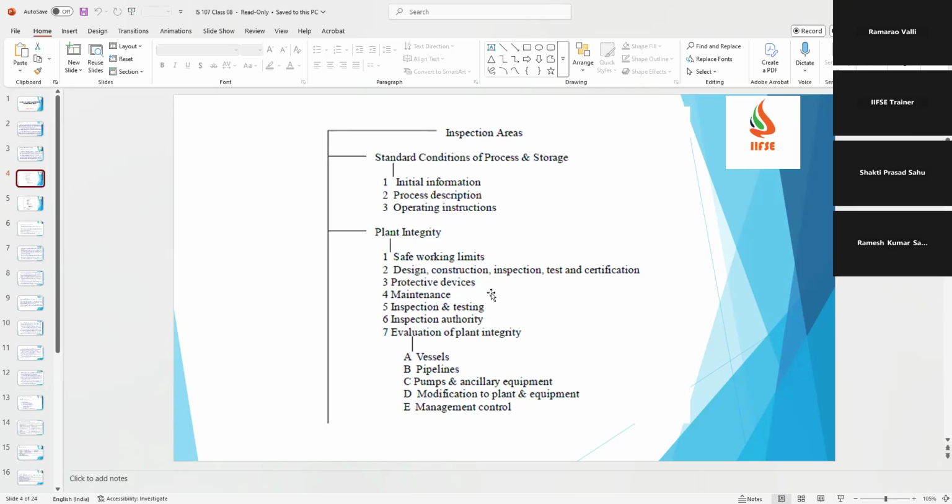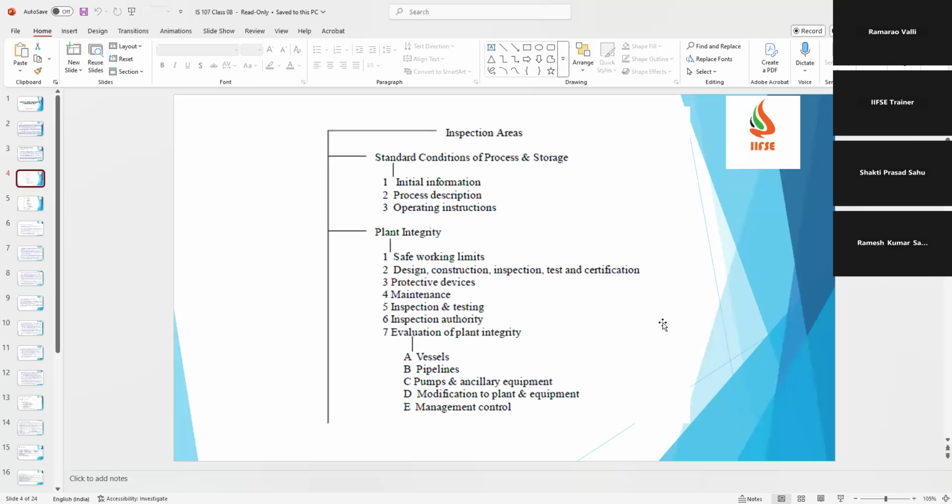Then maintenance, what kind of maintenance we are performing? Do we have any maintenance schedule, preventive maintenance, etc.? Then inspection testing, what is the frequency of the inspection testing process? Then inspection authority, whether any specific authority is defined, who are the people who can do such inspections.